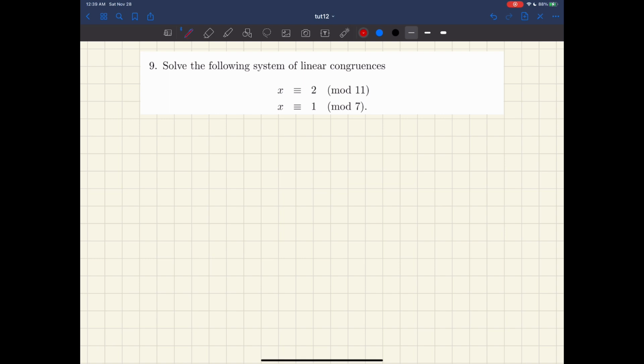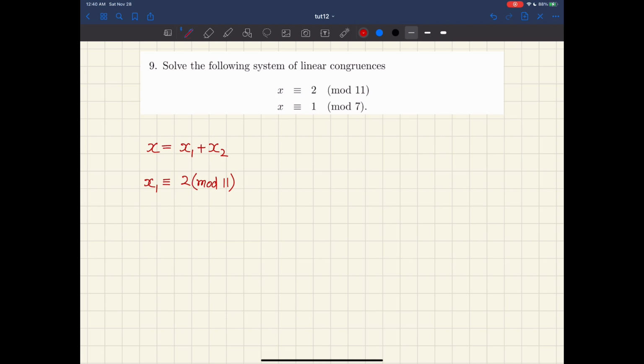For the last question, we have to solve the following system of linear congruences. X is congruent to 2 mod 11 and X is also congruent to 1 mod 7. Now here we use the Chinese remainder theorem as discussed by Professor Bulatov.